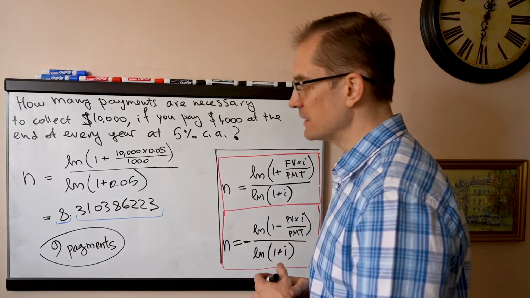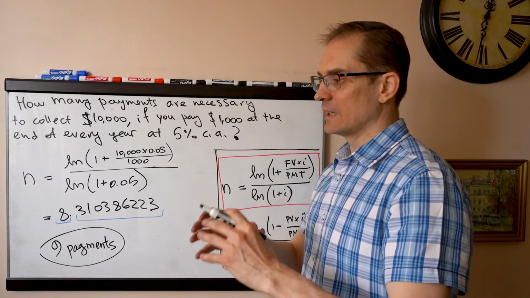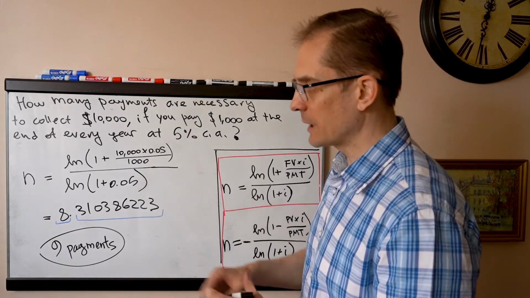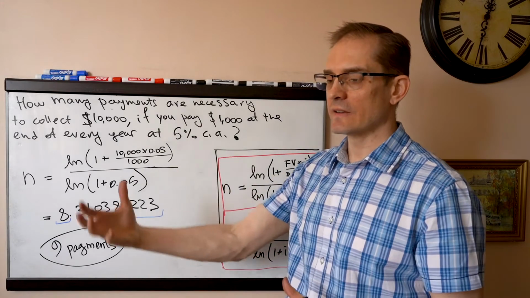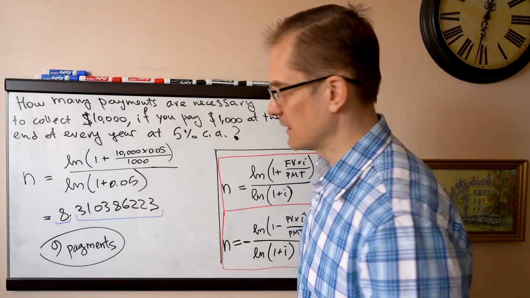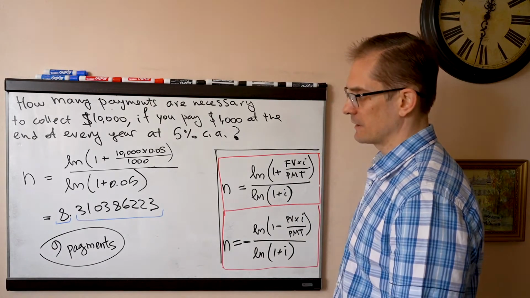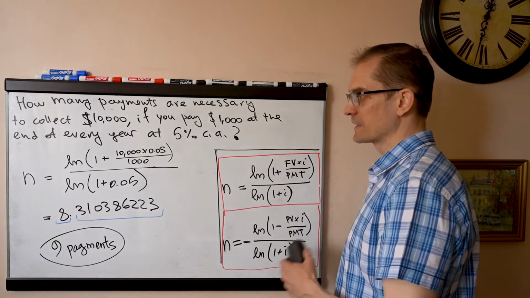What that really means is that sometimes 8 whole payments will be enough for you to collect the necessary amount. How that works is what we're going to talk about now, and that's very interesting.